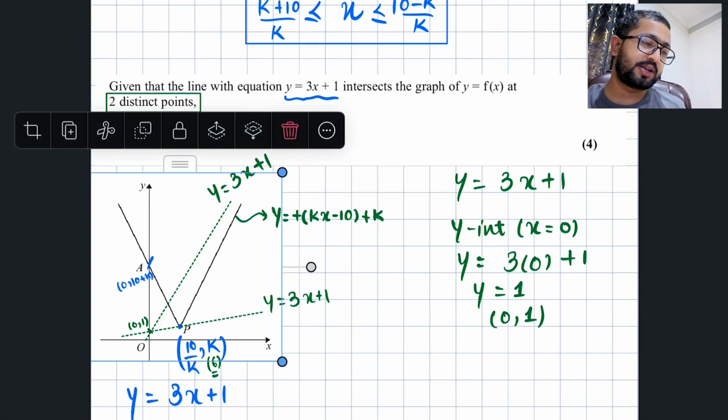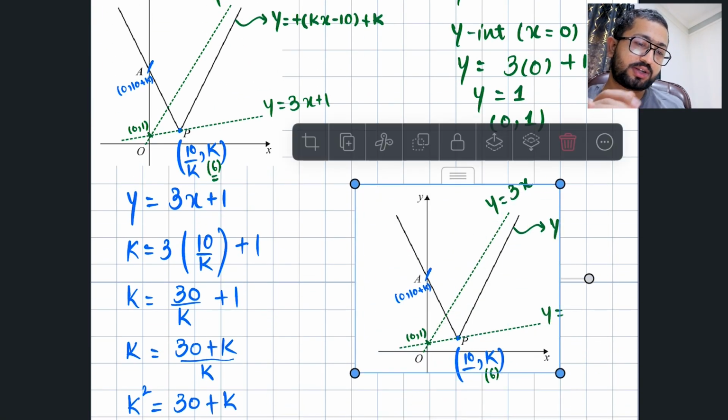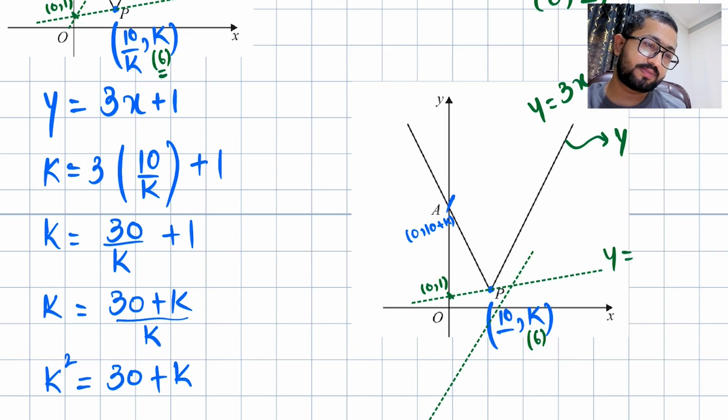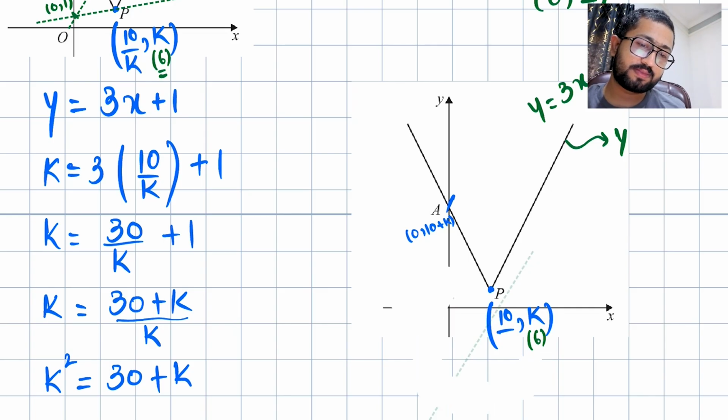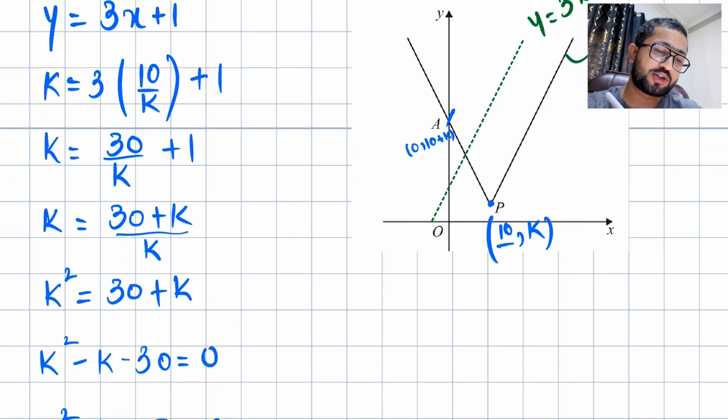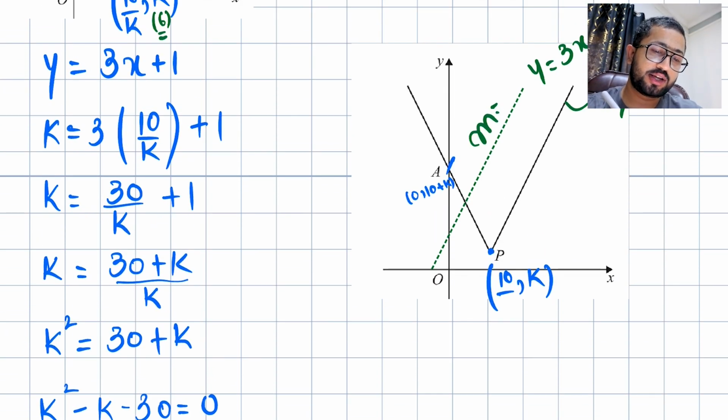So what is another possibility? I told you in notes, another possibility is maybe this line is going to be exactly parallel. This line of y equal to 3x plus 1 is going to be exactly parallel to this line. Obviously if it is parallel, what is the gradient of this line? 3. So what will be the gradient of this line?